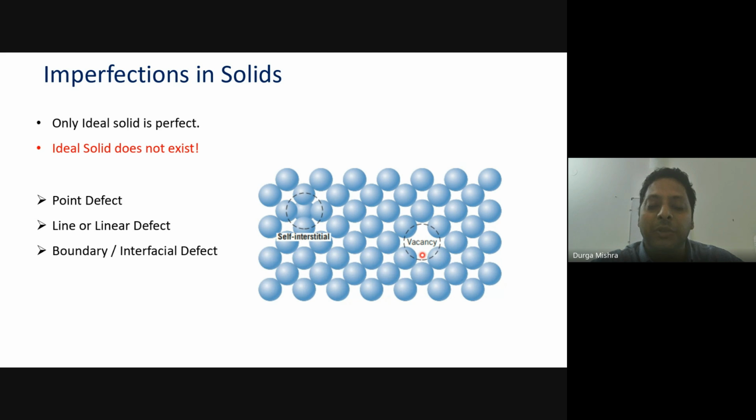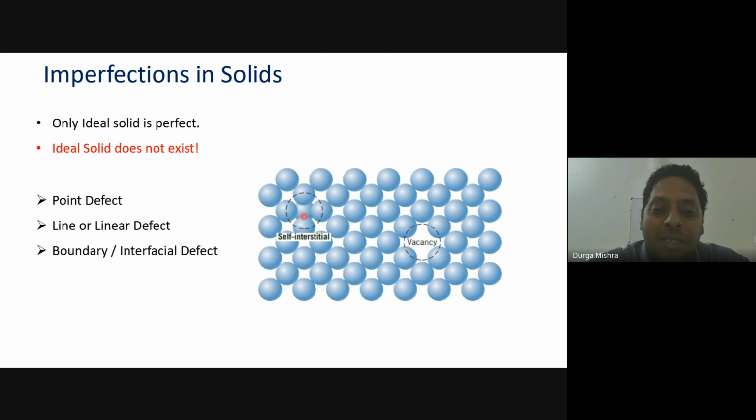Similarly, suppose there was an atom here and somehow it got displaced and created a vacancy. Where can this atom go? It can go to one of the in-between places where you still have some space, and it will just get squeezed into whatever space is available.